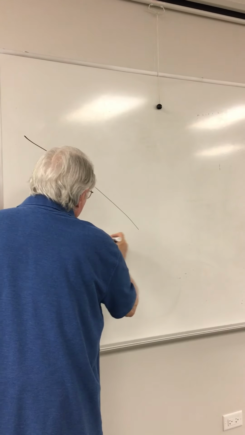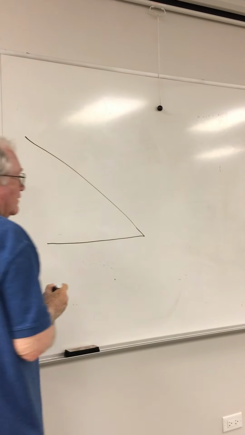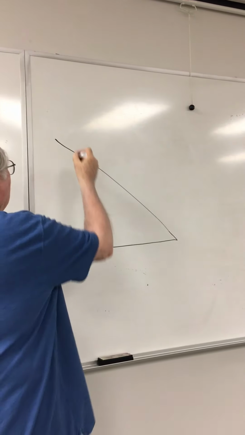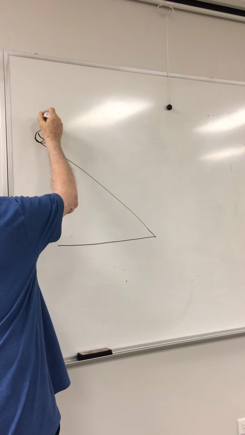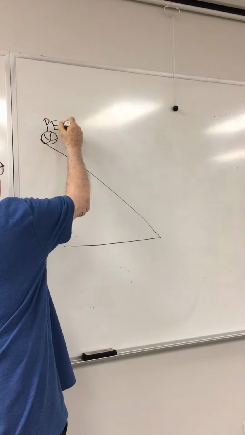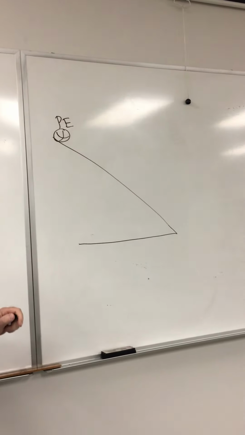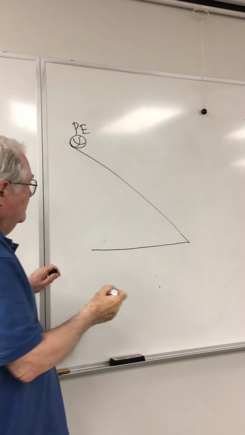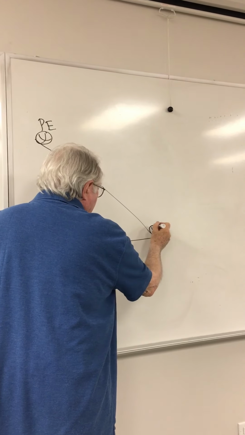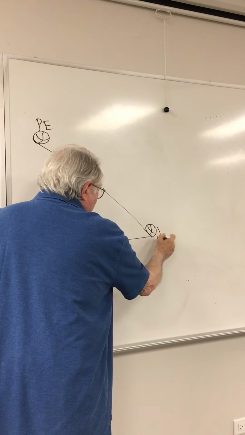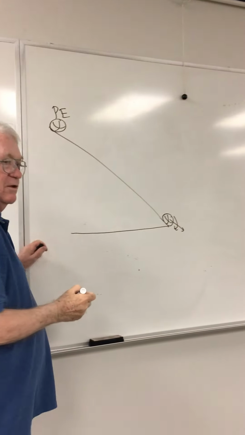We have a problem like this. Up here we have a sphere, and the sphere has potential energy. And then you let it go down, and on the way down it gains kinetic energy, but two kinds of kinetic energy.